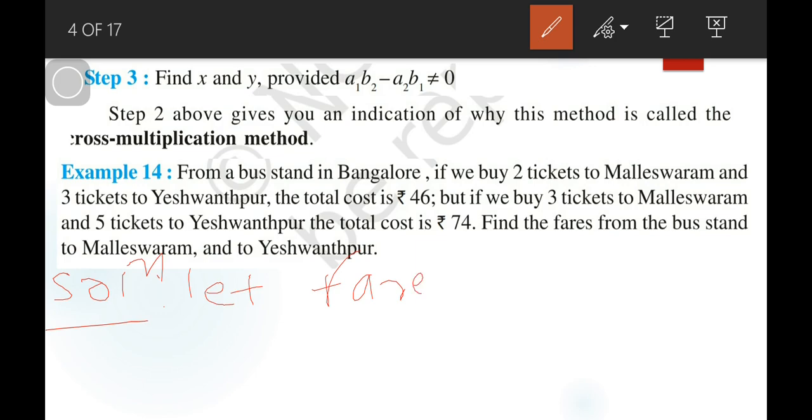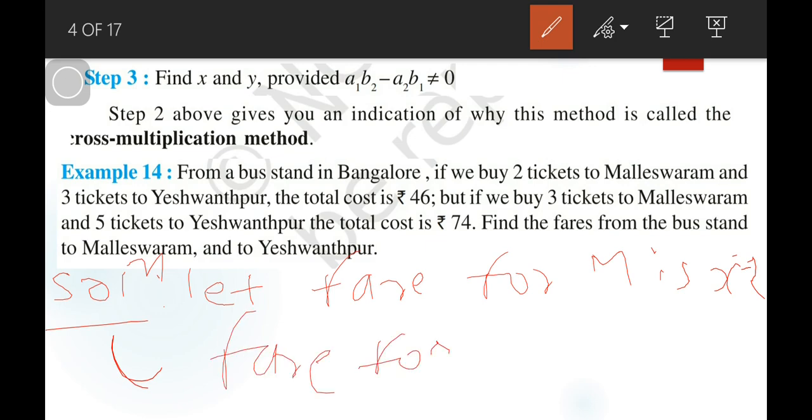Fare for Malleshwaram is x rupees, and fare for Yeshwantpur is y rupees.